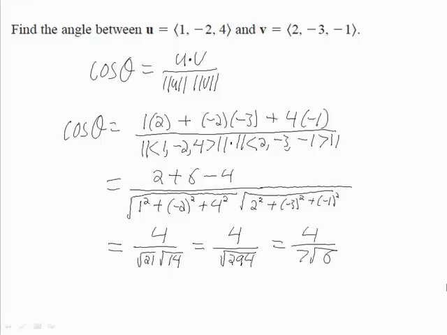This implies that theta is equal to arc cosine of the quantity 4 divided by the quantity 7 times the square root of 6, which is approximately 76.5 degrees.